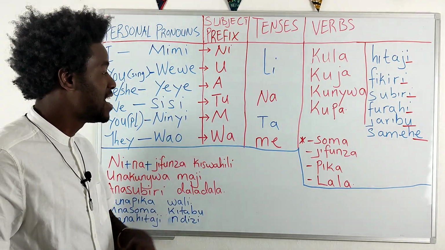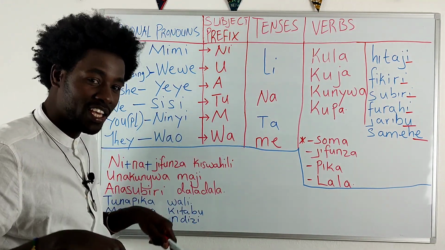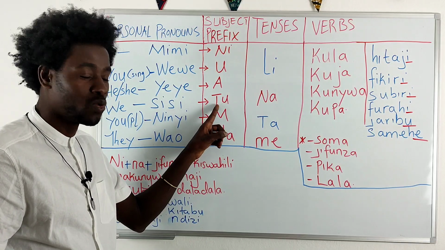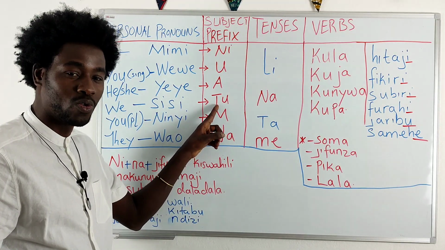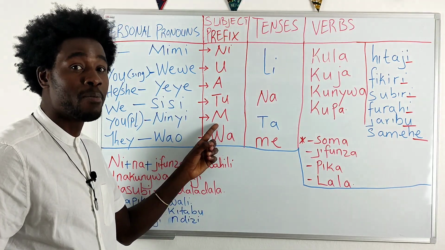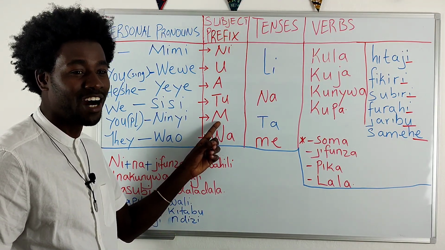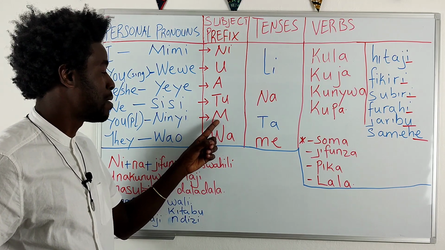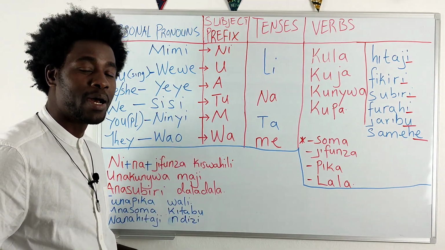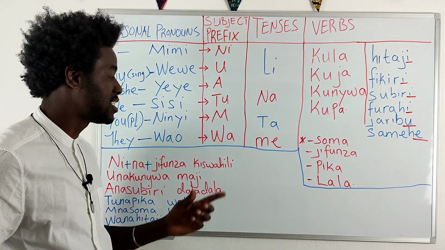The subjective prefix that stands for we is tu. And the subjective prefix that stands for you, but plural, in America they say you all or y'all, is m. And the last subjective prefix that stands for they is wa.